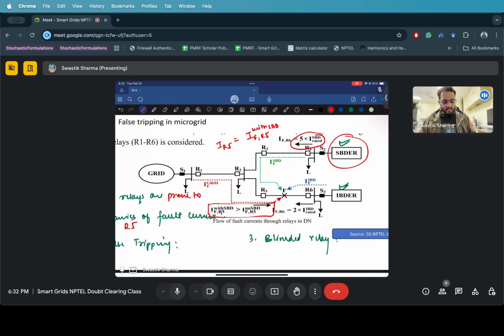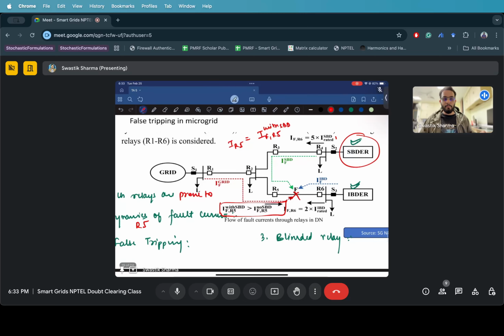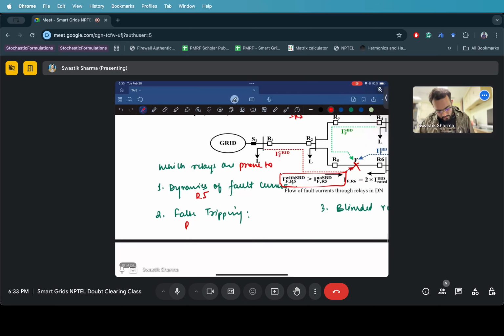R3 and R4 are supposed to see this ISBD fault current, and they are seeing it. Let's say a fault occurs here. Both R4 and R3 will see ISBDF, and they are supposed to trip, but it's not modeled to. Let's say this fault is not happening here; it's happening here. Still, they are seeing the same fault current that they are supposed to see, and they are more prone to false tripping. So R3 and R4.